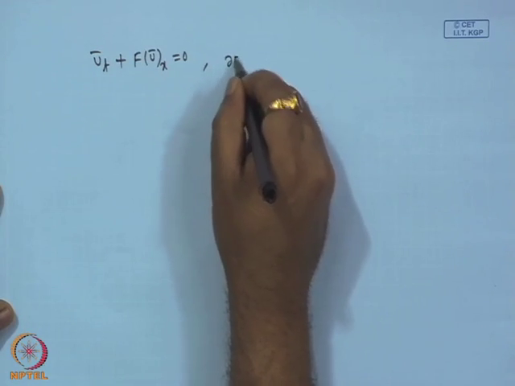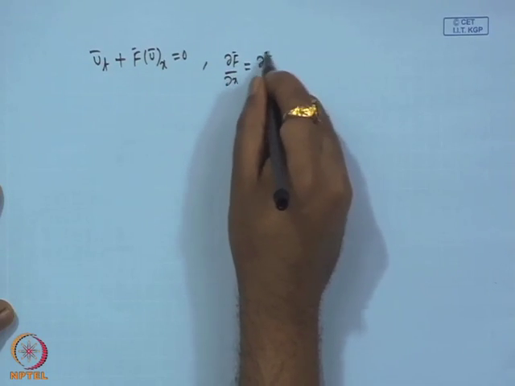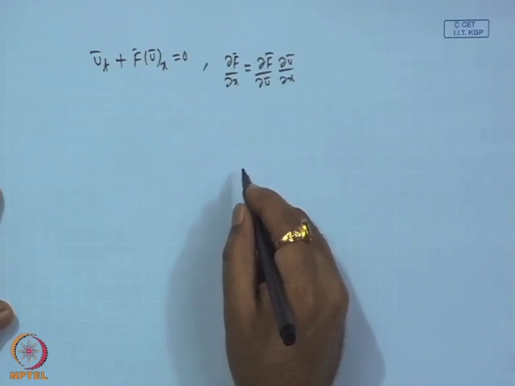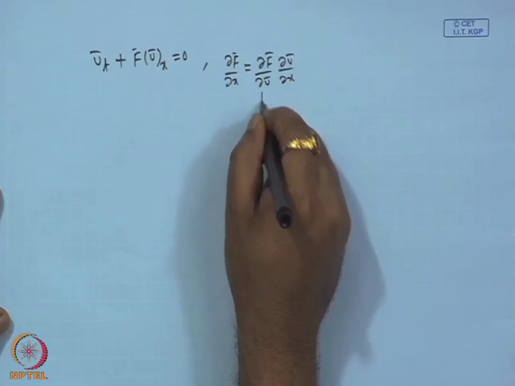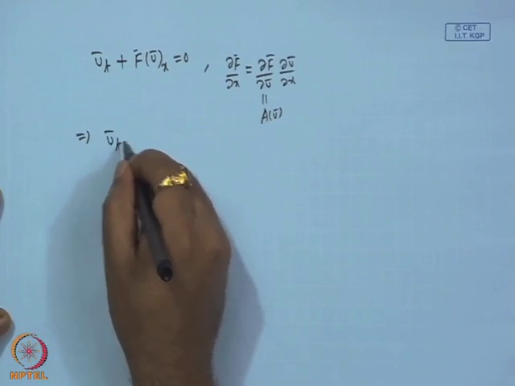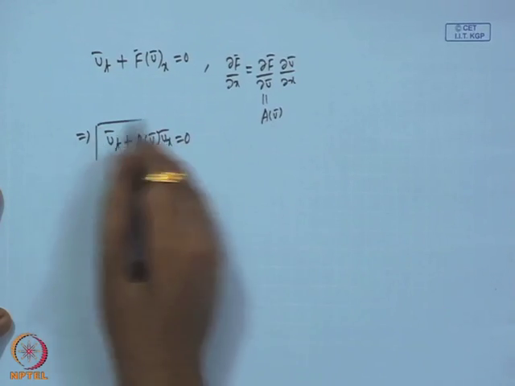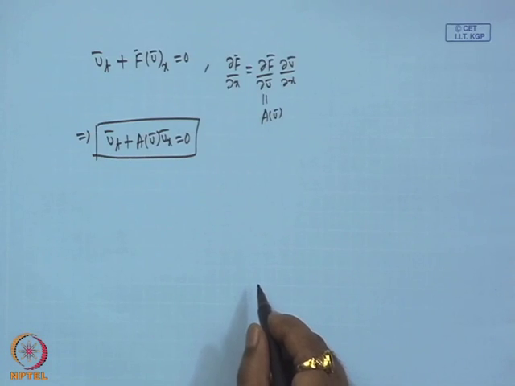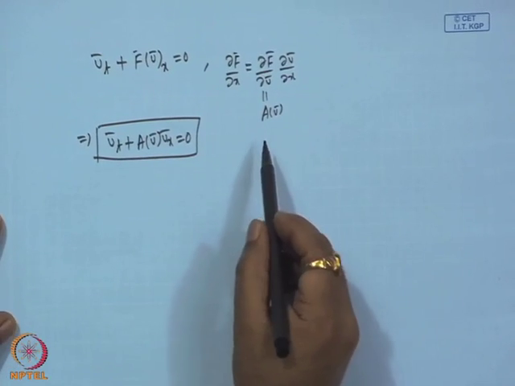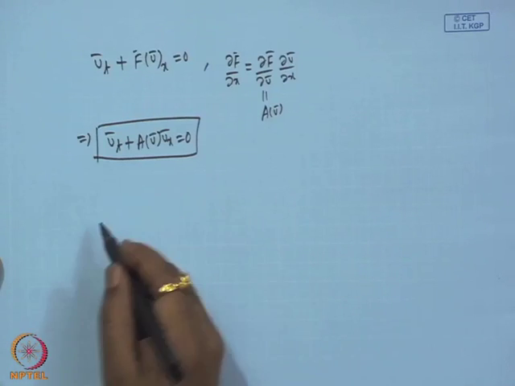So, where dou f by dou x, okay, and this if we call A of u, the system reduces to this. So, this is more general. Okay.